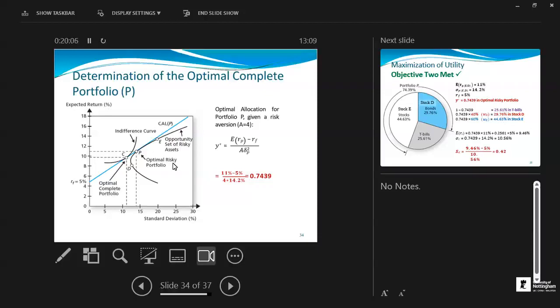So here you can see, we're investing a lot more in the risky portfolio. As a result, the point C, which is our complete portfolio, lies closer to the point P, because we're investing 74.39% in the risky portfolio, a lot more, given a risk aversion level of A equal to 4.